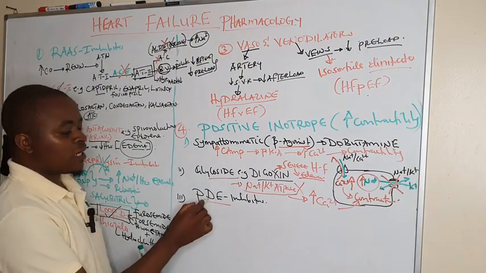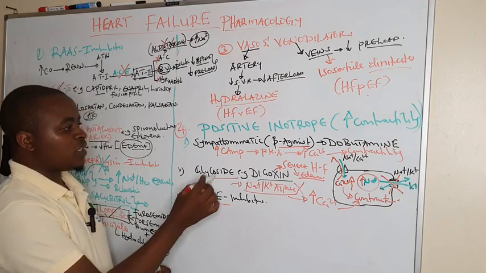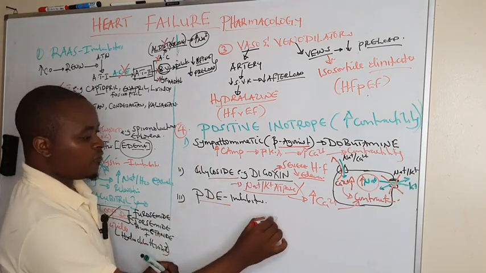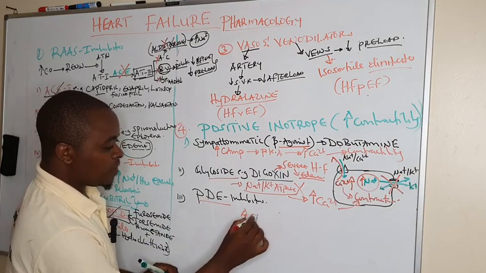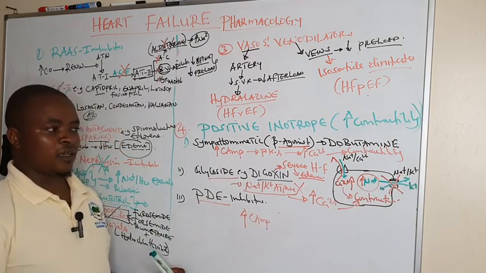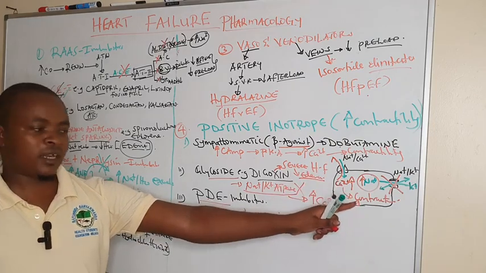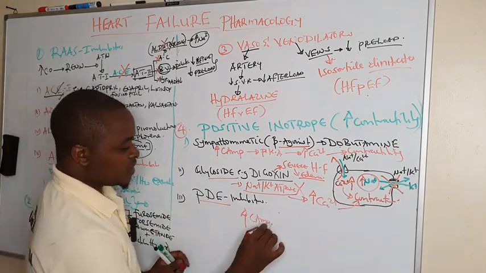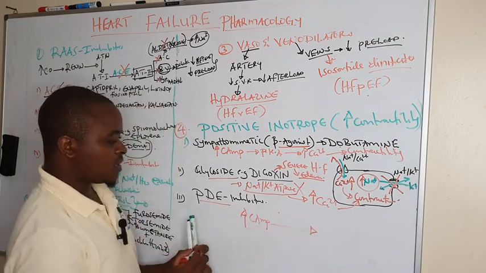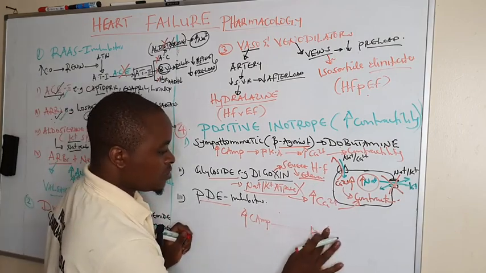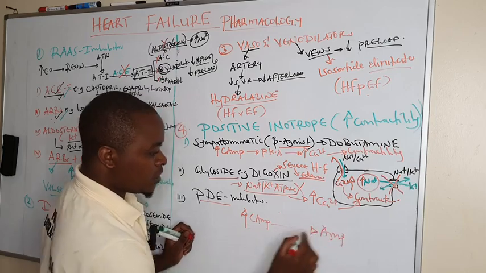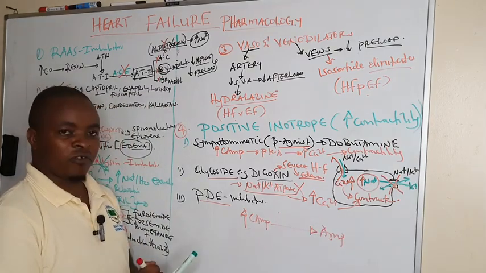But with phosphodiesterase inhibitors, we know that when cAMP increases in the cell or the cardiac vessel, it is degraded. This cAMP is degraded to AMP, that is adenosine monophosphate.